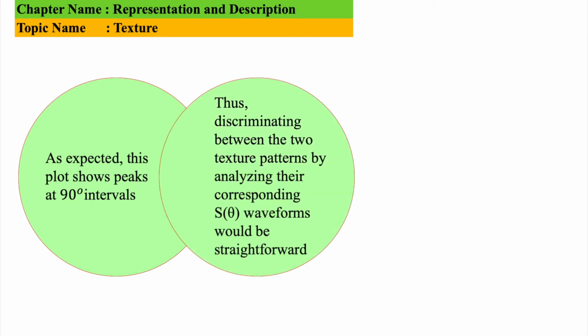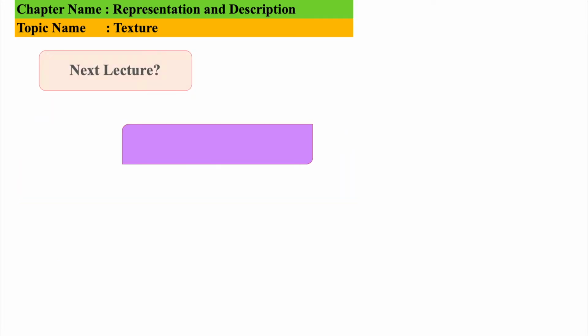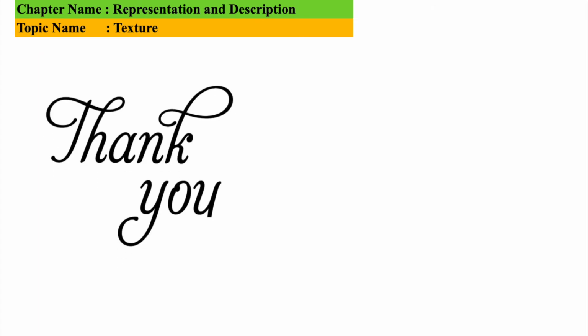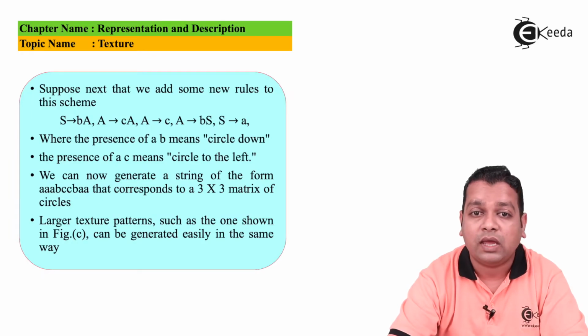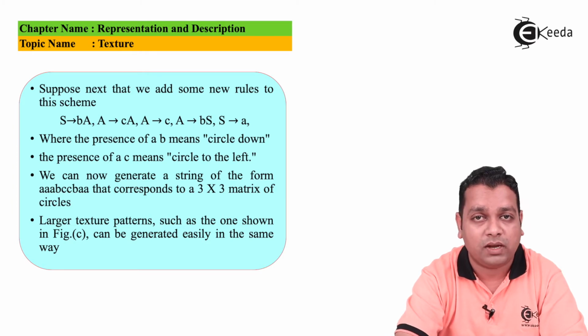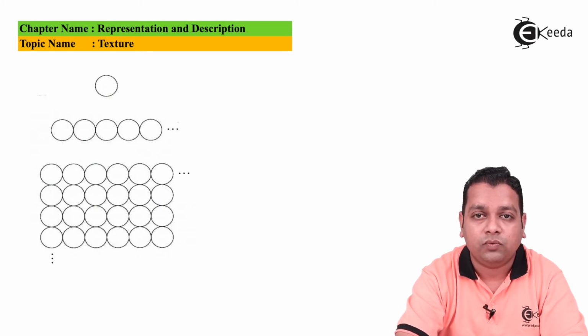We can now generate a string of the form aaa, bcc, baa that corresponds to a 3 by 3 matrix of circles. Larger texture patterns, such as the one shown in figure C, can be generated easily in the same manner. So we have the figures A, B and C here.